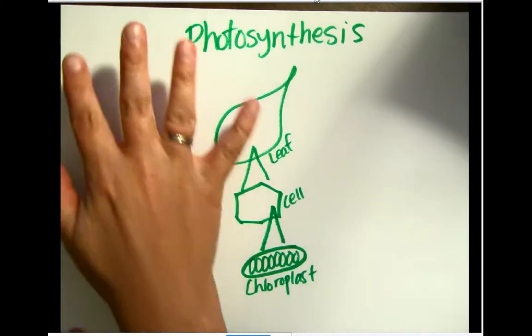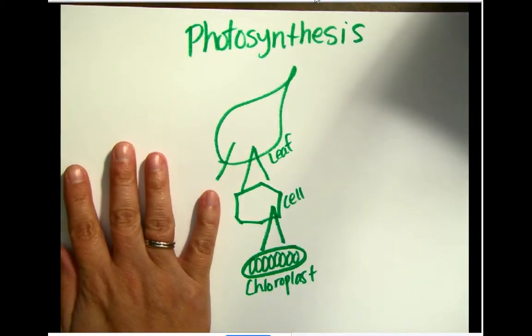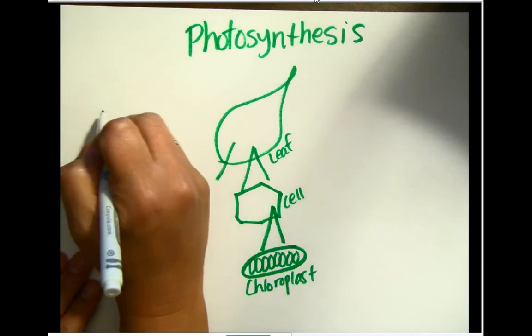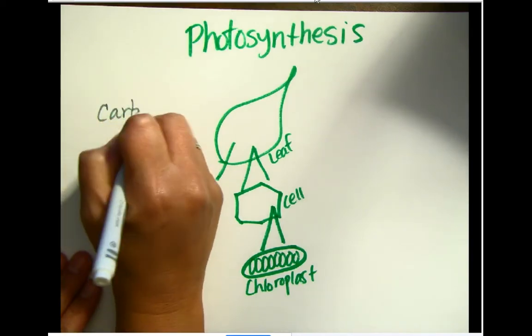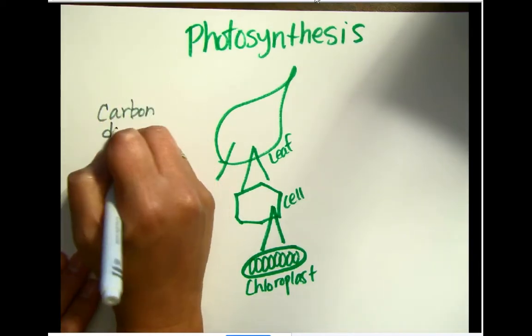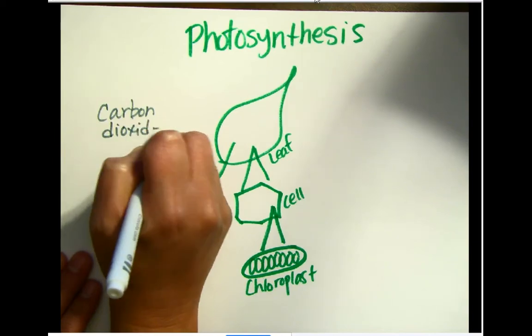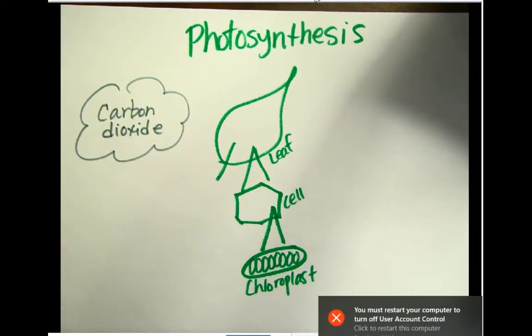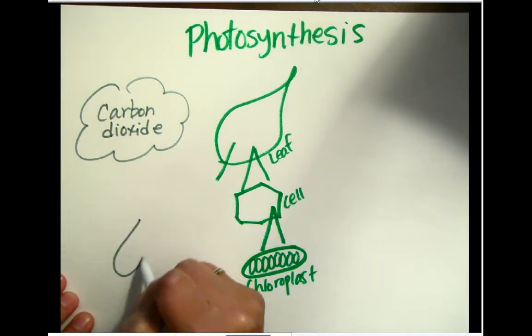What is needed from the environment in order for photosynthesis to happen? We need carbon dioxide, or the plant needs carbon dioxide, and that's a gas. The plant also needs water.